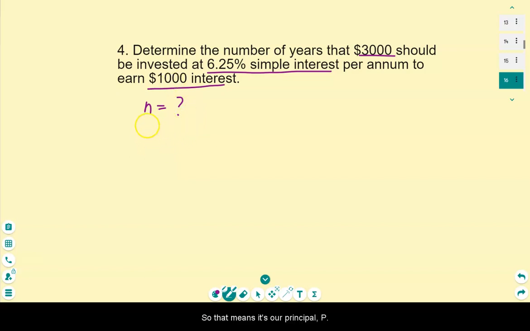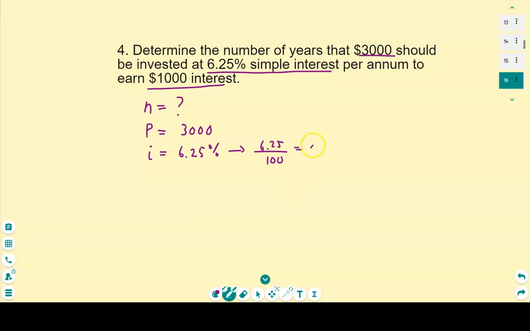That means it's our principal, P. At 6.25% simple interest. Okay, that's a rate, an interest rate, little i, as a decimal. Put that in your calculator, 6.25 divide 100, 0.0625 per year. Always include the units.